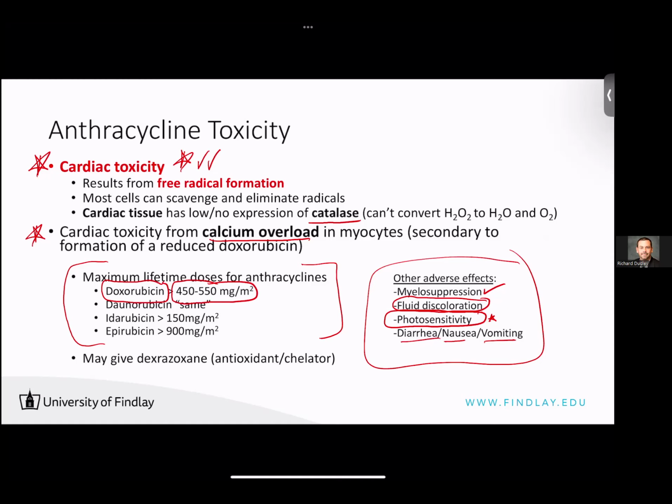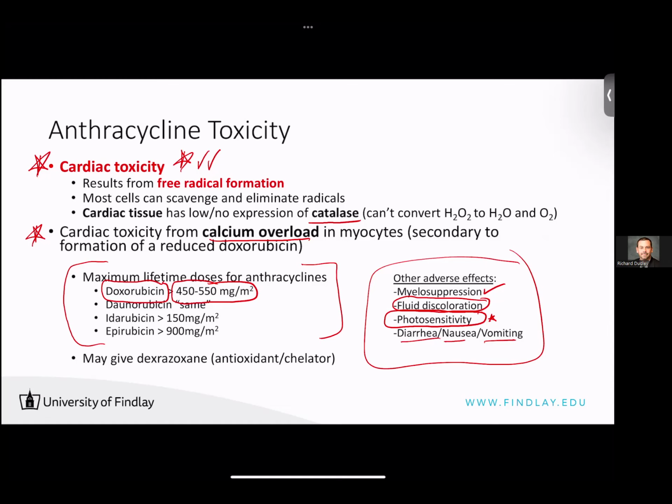We don't want to give them any more doxorubicin once we hit that 450 to 550 milligram per meter square mark. So the cumulative dose is what we watch for, not per cycle, not per, say, cancer, not per treatment course, but total. If a patient got treated initially with doxorubicin, we would add up the total milligram amount that they got per meter square.